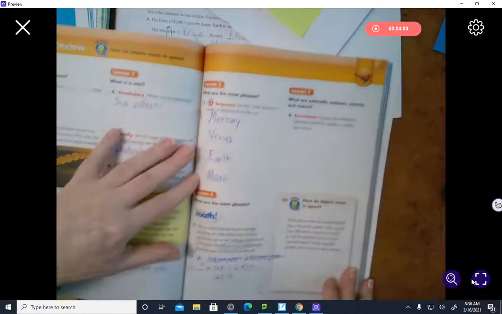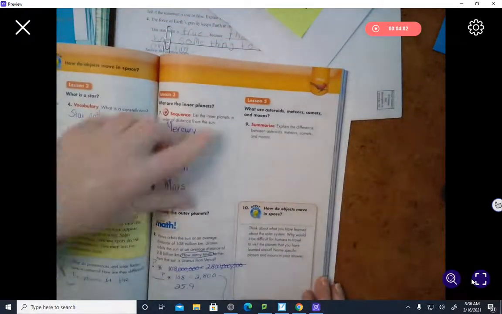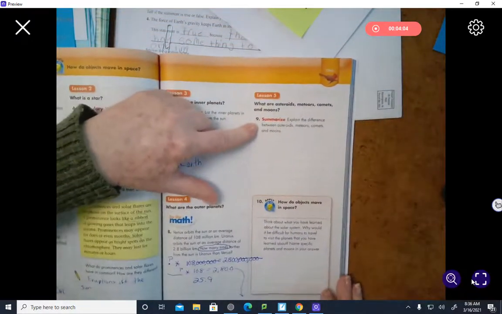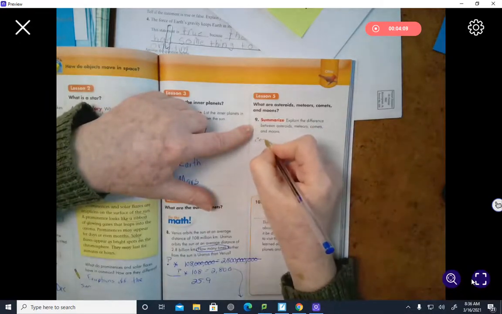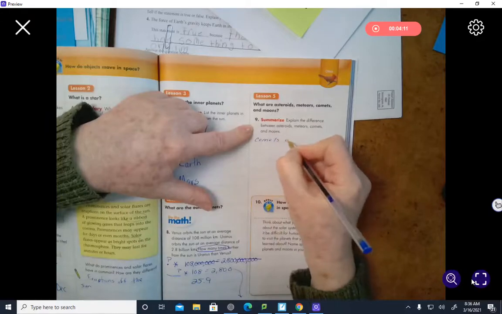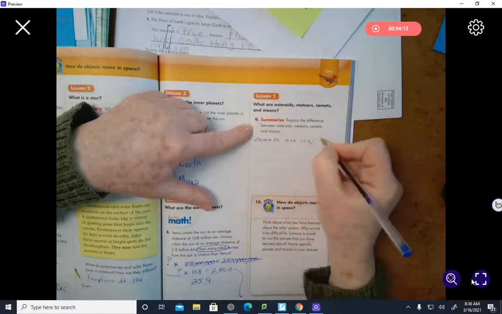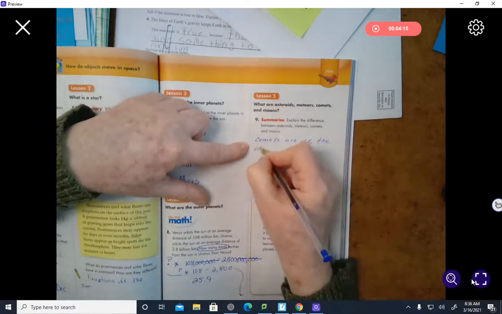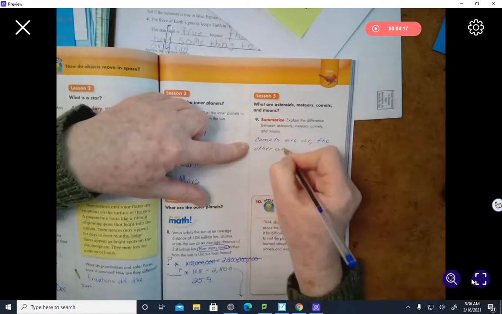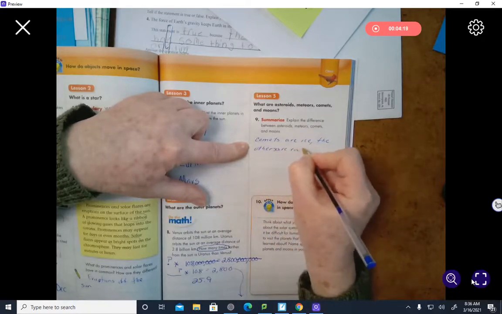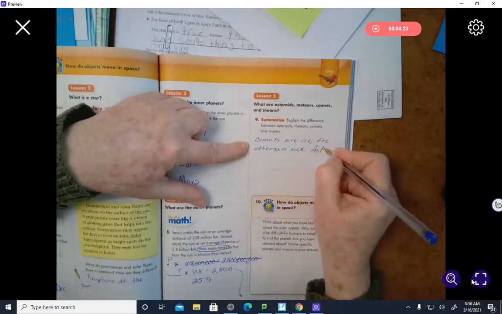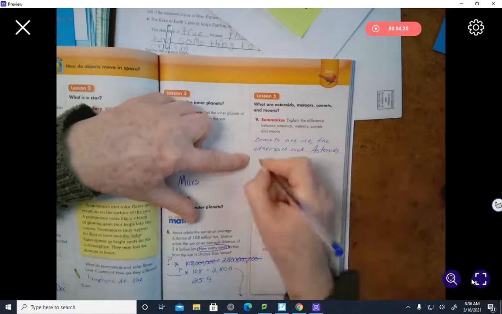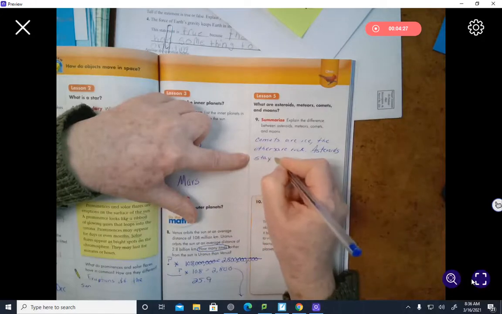What are asteroids, meteors, comets, and moons? Explain the difference between them. Remember, comets are primarily ice. The others are made of rock. Let's say asteroids stay in place.